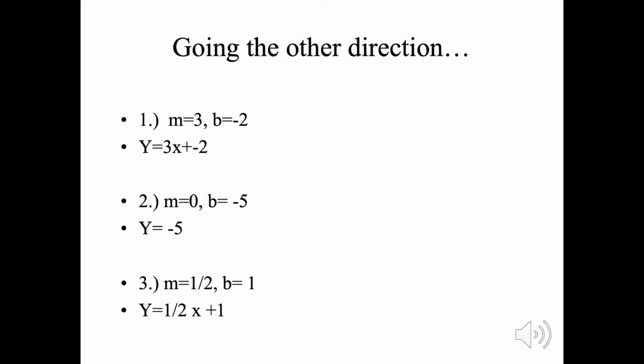In the second example, m equals 0 and b equals negative 5. Since m equals 0 and 0x is also 0, you do not need to write that part of the equation. You just need to write y equals negative 5. In the third example, m equals a half and b equals 1, it is the same thing as the first equation. You just replace the letters with the numbers.